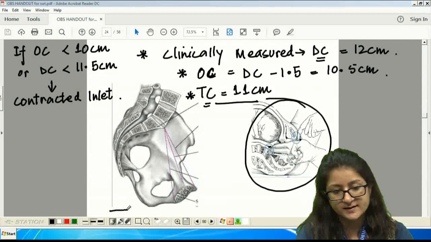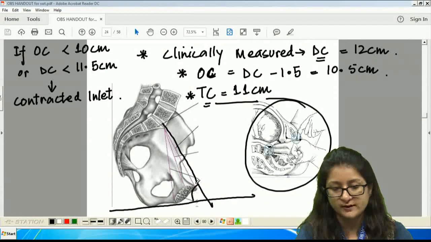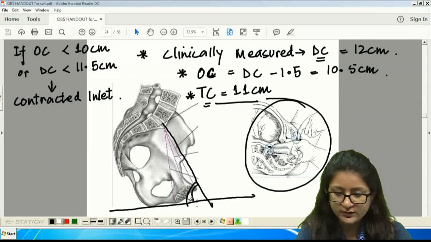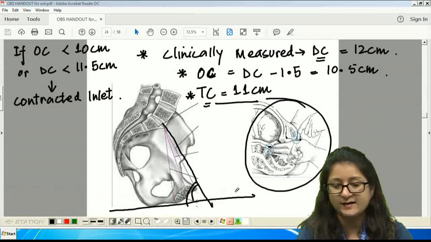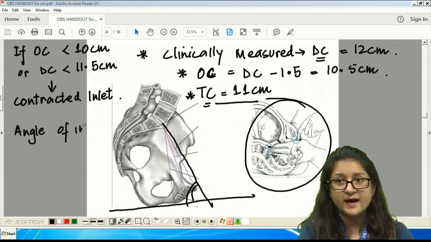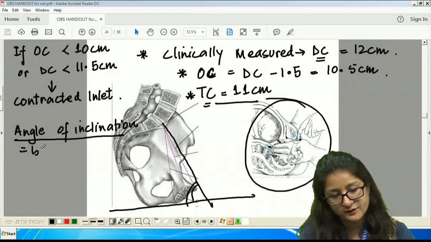The angle of inclination is the angle made by the plane of the pelvic inlet to the horizontal, and in a normal standing upright woman this is around 55 degrees.